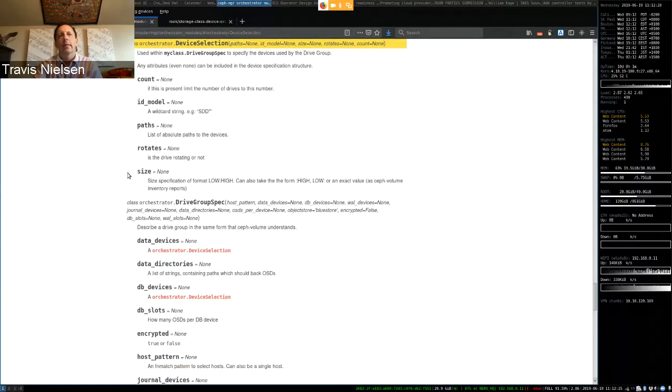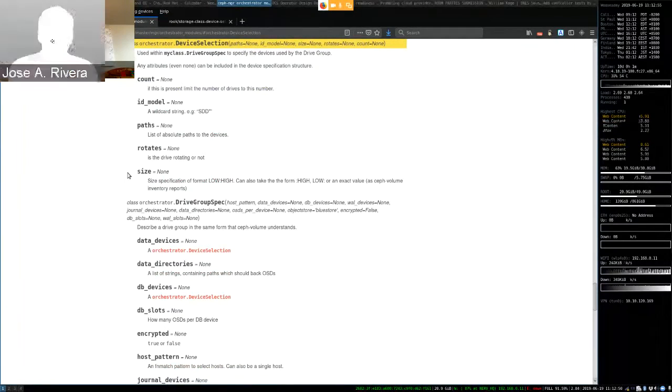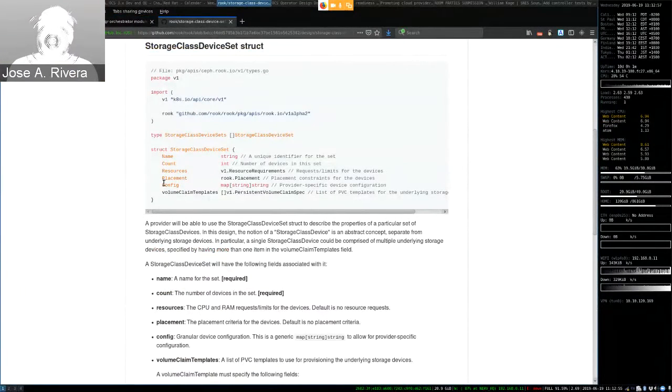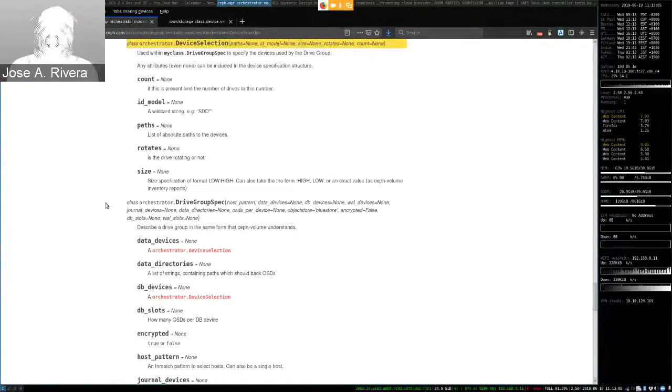Yeah, and it does seem like we need to do this at a level outside of the new design with PVCs. This is more about how we know which devices to pick up, based on different properties. So it does seem independent from the PVC and DeviceSet design, but I want to look at that closer, for sure. The design as specified now, with just this arbitrary config field, would more than allow us to specify a configuration for a drive group.